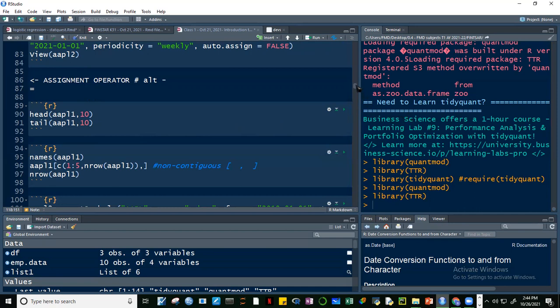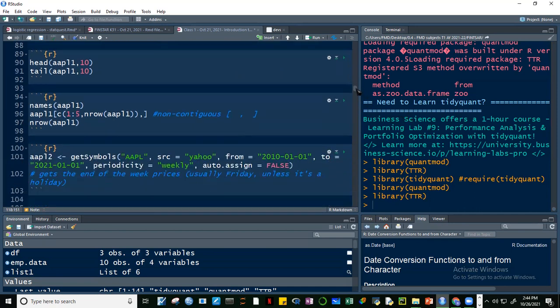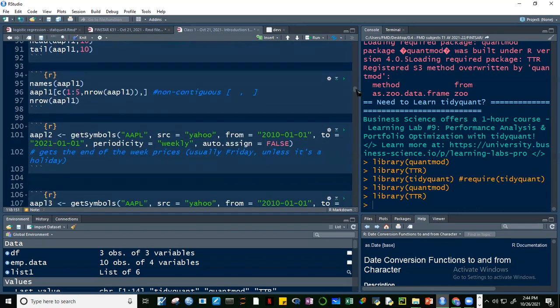Okay. All right. So, were we able to get this? There's a note here that it gets the end of the week prices, usually Friday, unless it's a holiday.